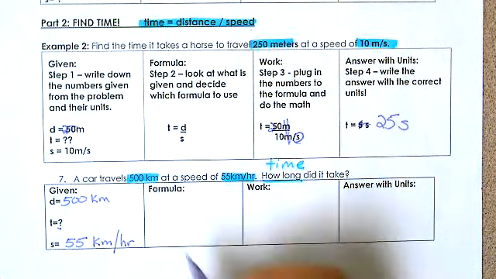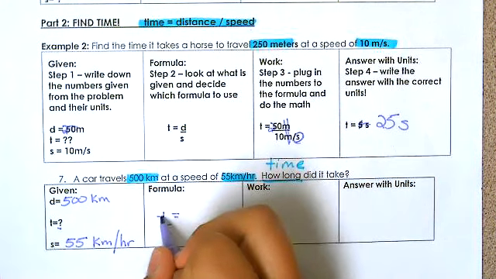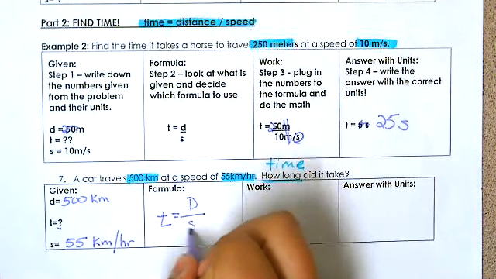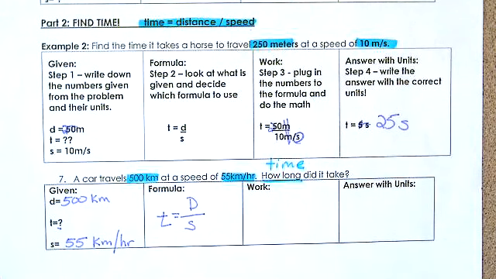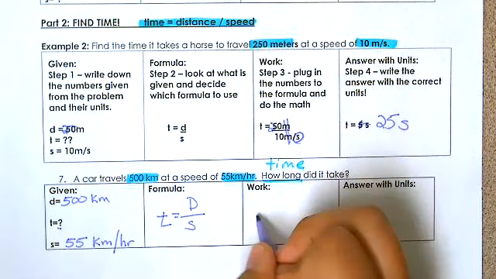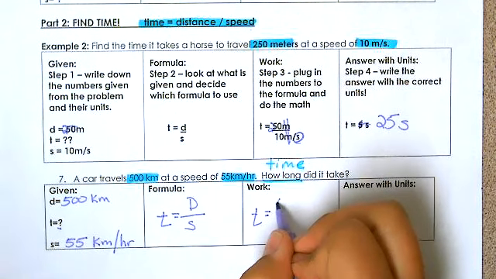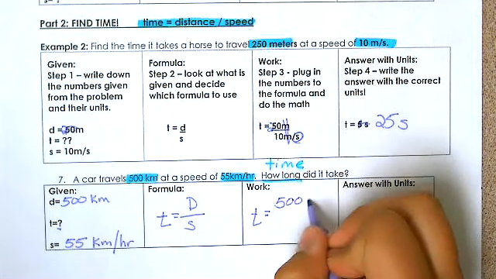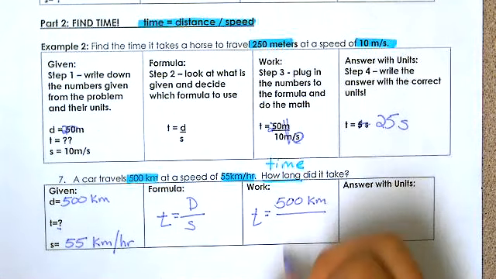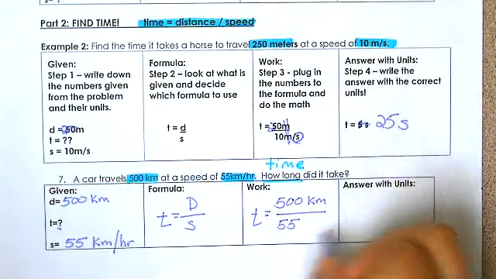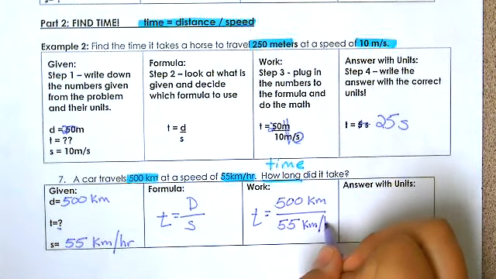So we're going to use our time formula. Time equals distance divided by speed. Step 3, plug in the numbers into your formula. So time equals 500 kilometers divided by 55 kilometers per hour.